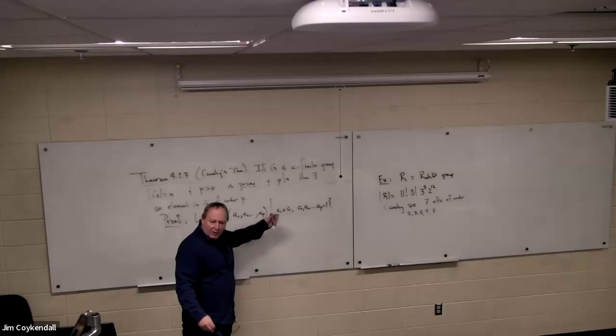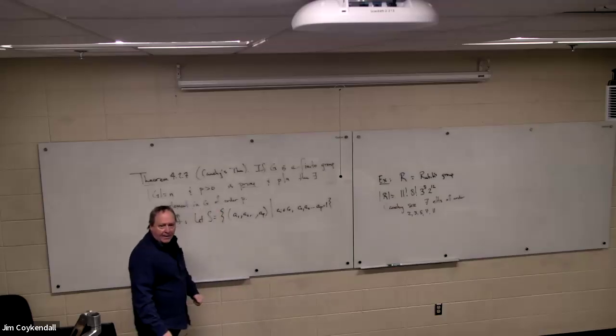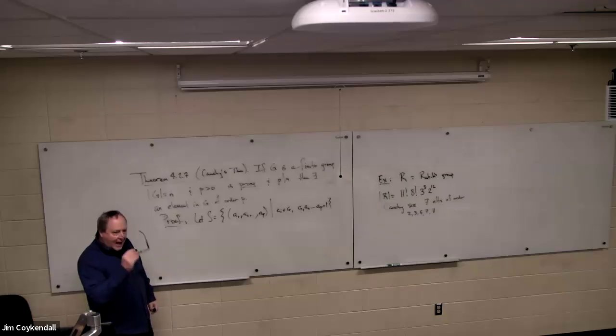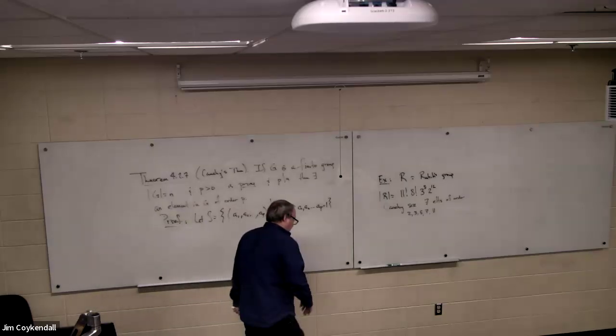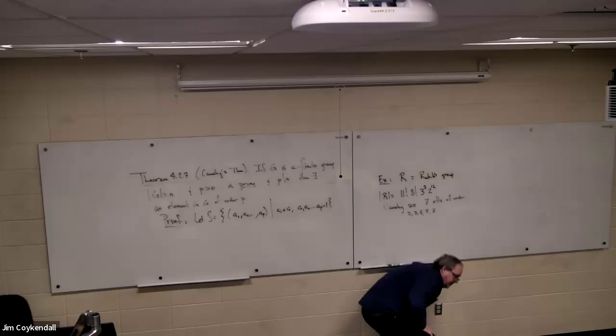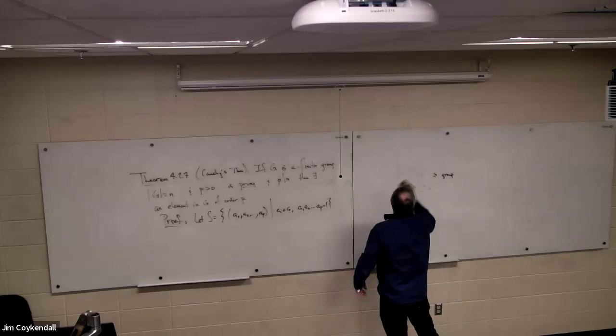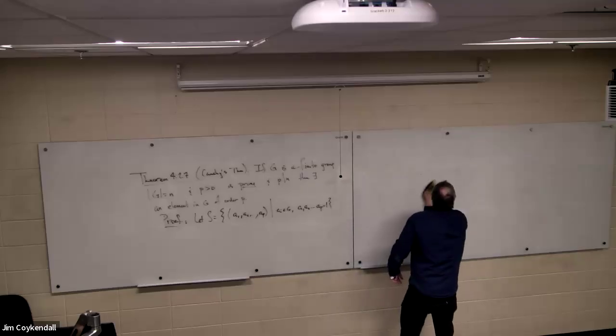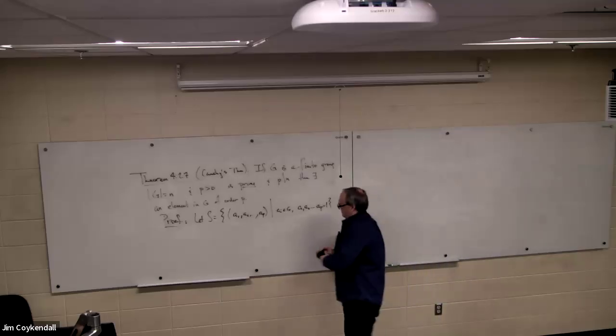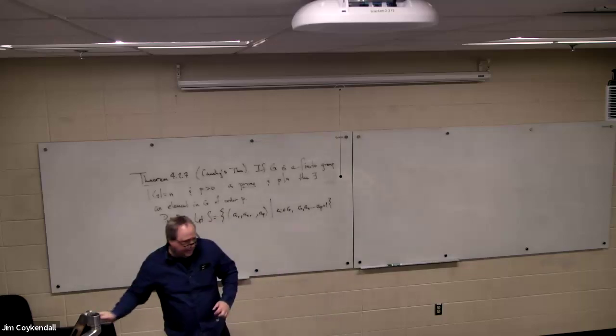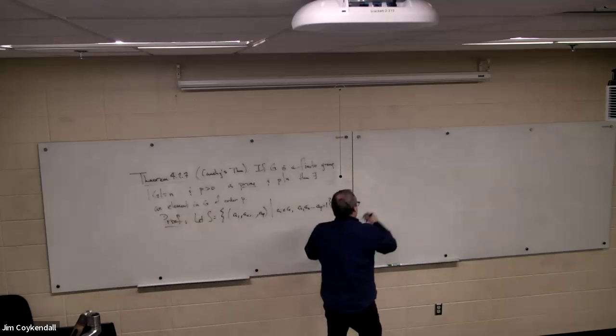Everybody agree with that? Because the product of all the ones is the identity. So let us count the elements in S. That is my first task here. How many elements are in it?